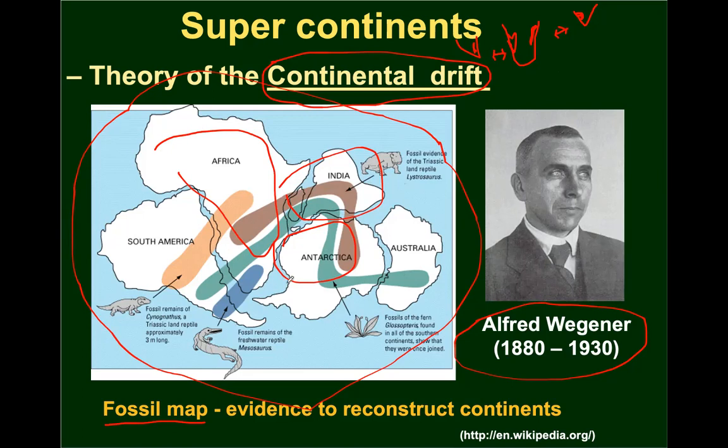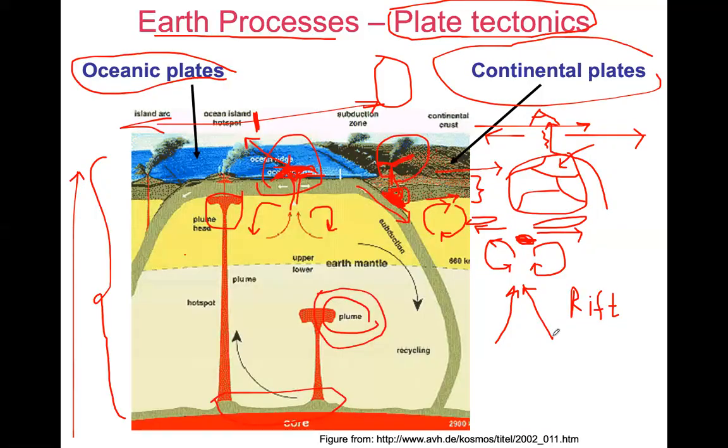So this type of reconstruction was made by Alfred Wegener, and he later on explained that this could have been a reason due to this continental drift. So this continental drift means the plate tectonics that we are referring to now, right?